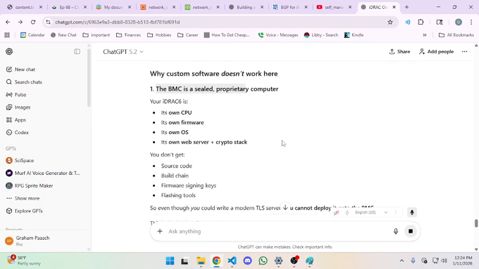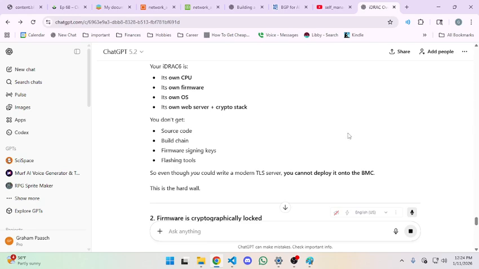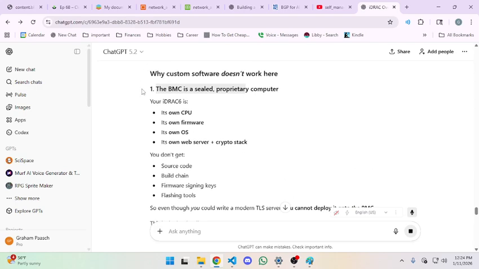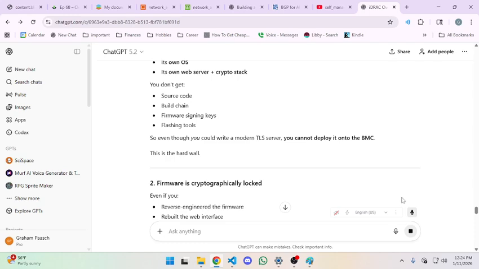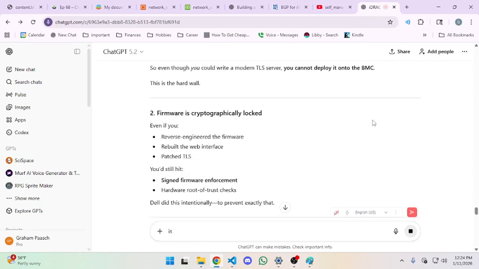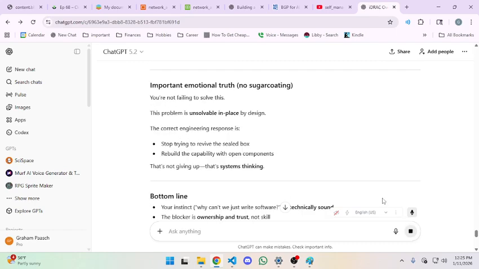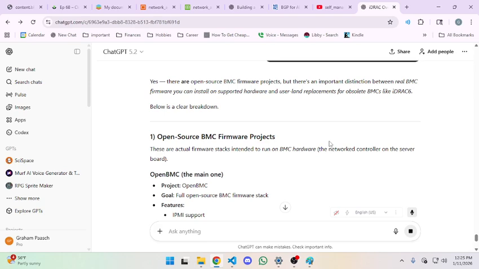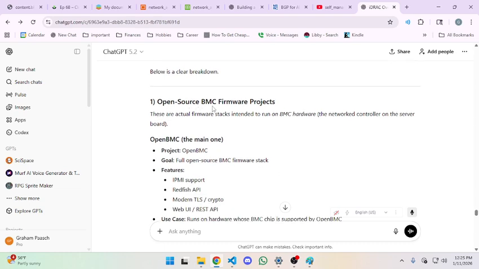So that would be like going in and writing your own operating system. Is there like an open source Linux distribution for BMCs? Oh, there are. Okay. Userland replacements. Okay. Open source BMC firmware projects.